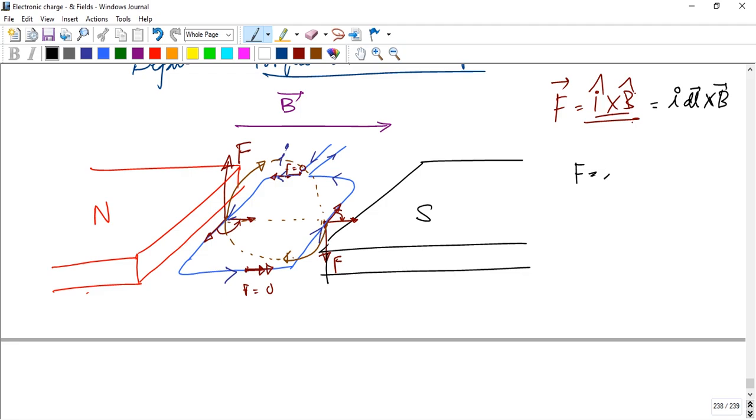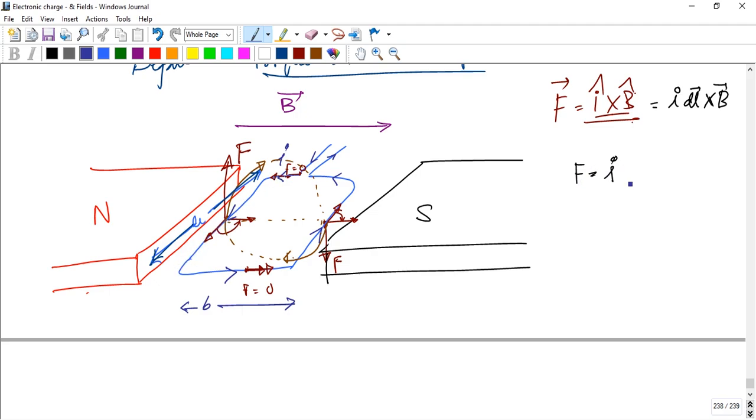So here is the current I, and suppose we choose this length to be a, and this length to be a, and that length to be b. The current is in that direction, obviously along this path.